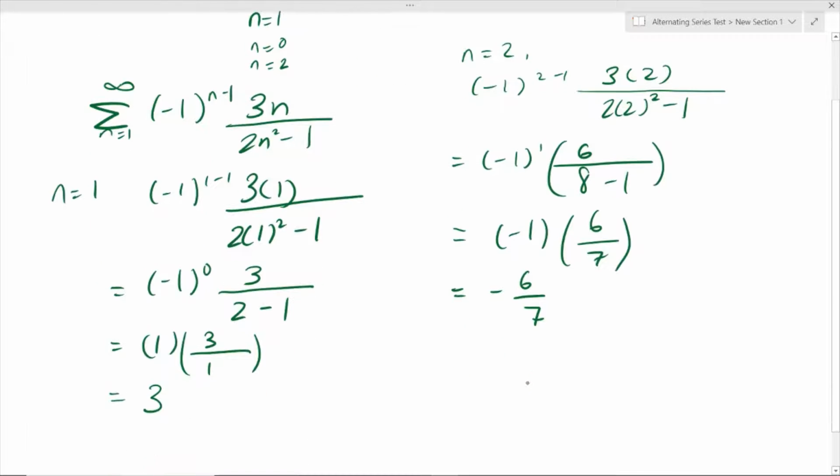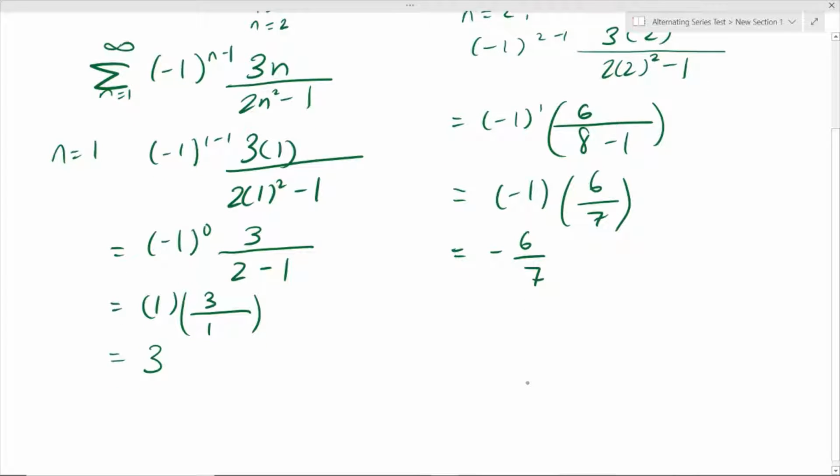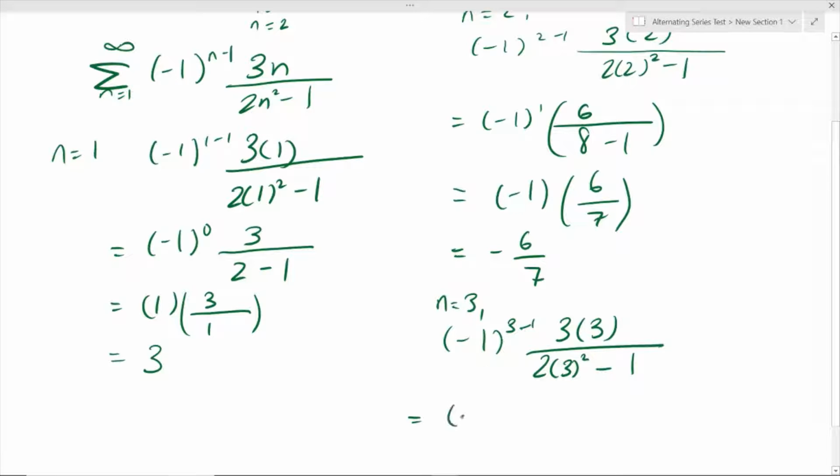Now, if we were to plug in n equals 3, we would get the following. We would get -1 here, and then plug in 3 to this n, minus 1, and then 3 times 3. So we put in 3 right here. And then 2 times 3 squared minus 1. And this would be -1 squared, because 3 minus 1 here.